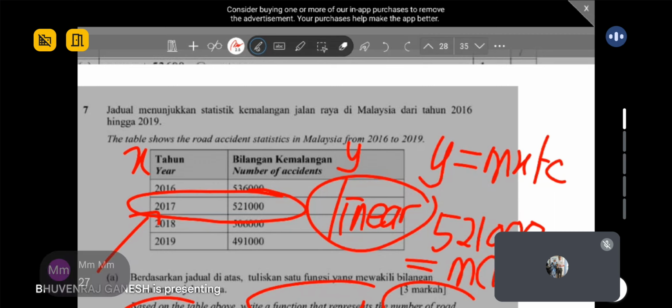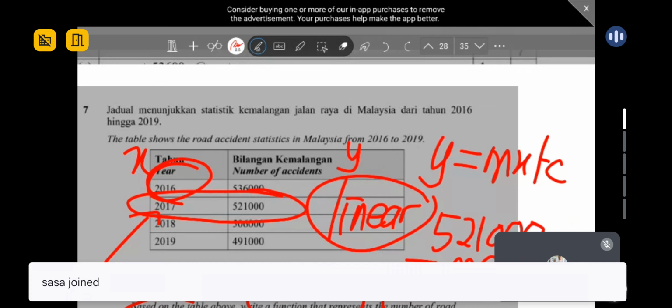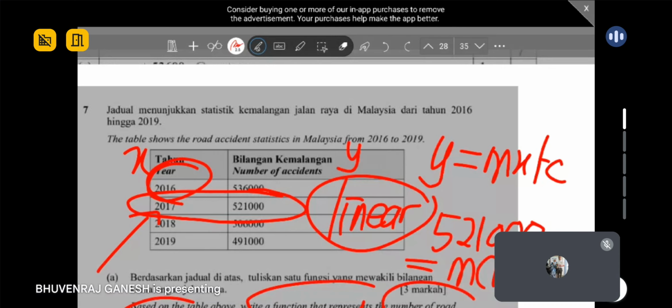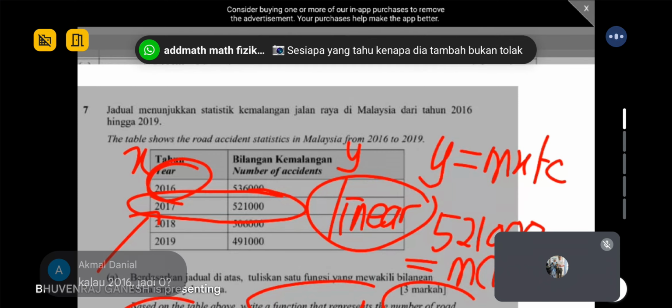Why 1? Because it is 1 year after 2016. Can you understand? X here represents the number of years after 2016. So we have to substitute x equal to 1, the number of years after 2016. Okay, because we assume 2016 as our starting point, because the given data starts from that year.